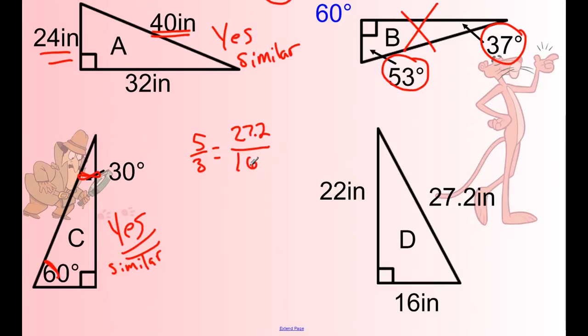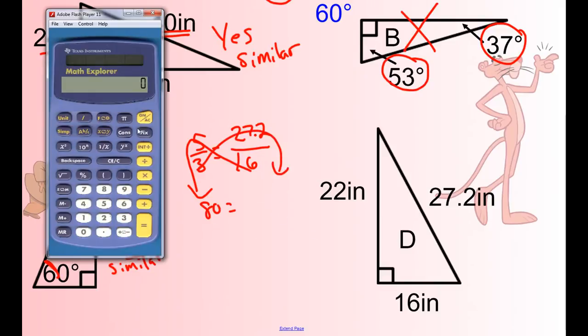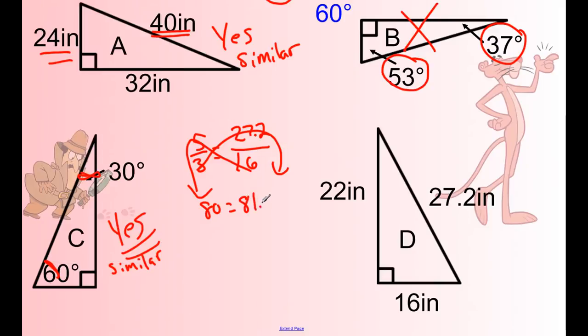And now we multiply. 5 times 16 is 50 and 30, which makes 80. 3 times 27.2, I can't do that in my head. Let's see, clear. 3 times 27.2 equals 81.6. Well, that is not the same, so this cross multiply didn't work, which means they're not similar. So it is not letter D.